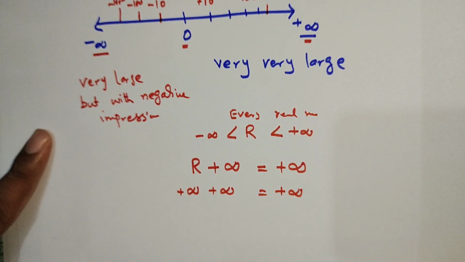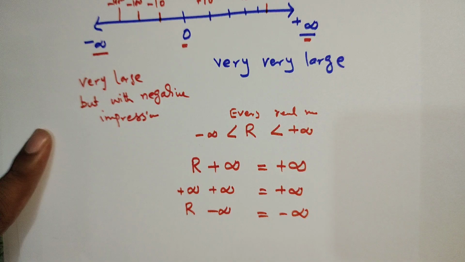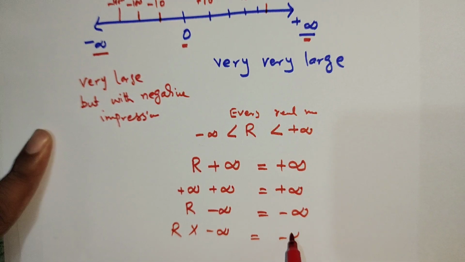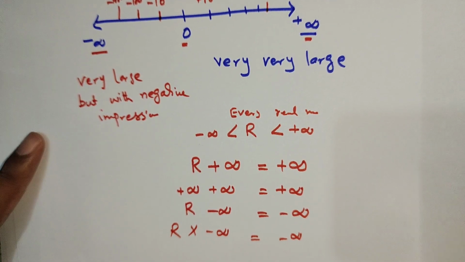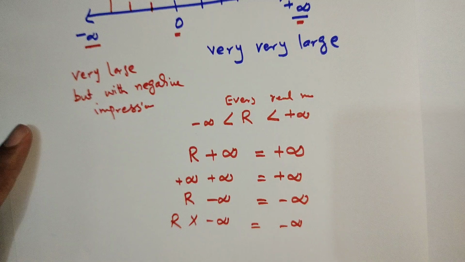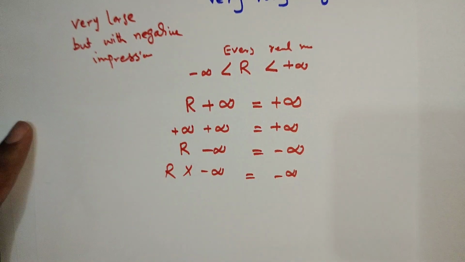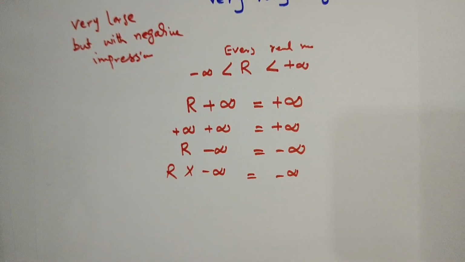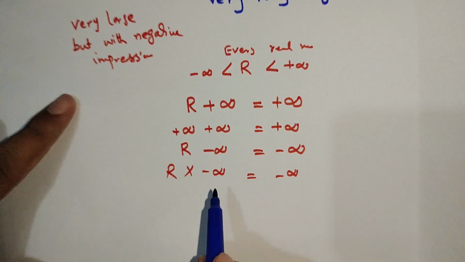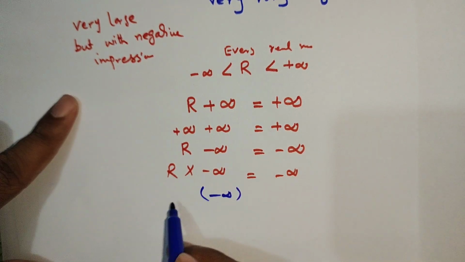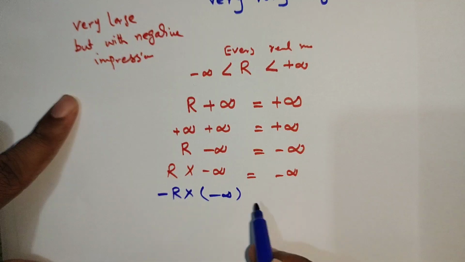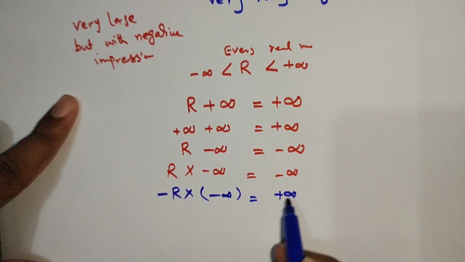Similarly, when minus infinity is added to some real number, you simply have minus infinity. When it is multiplied by some positive real number, again you have minus infinity. So with very interesting calculations, when you deal with infinity, you usually get the same answer. But when you multiply minus infinity by a negative real number, you may have a plus infinity answer.